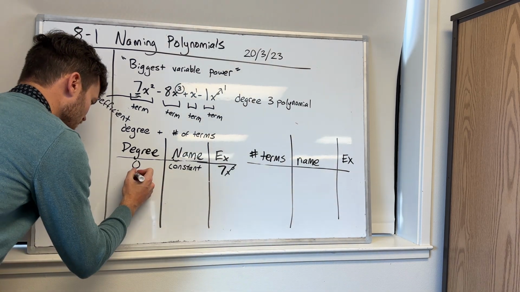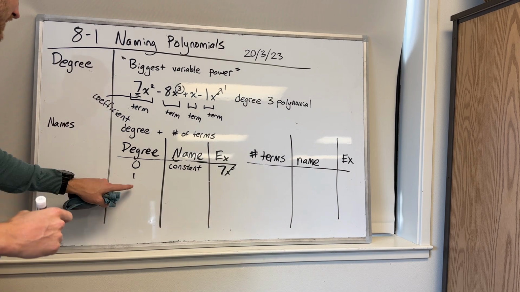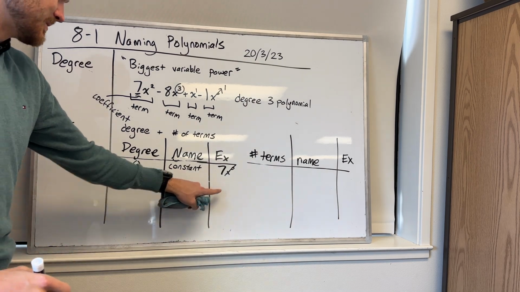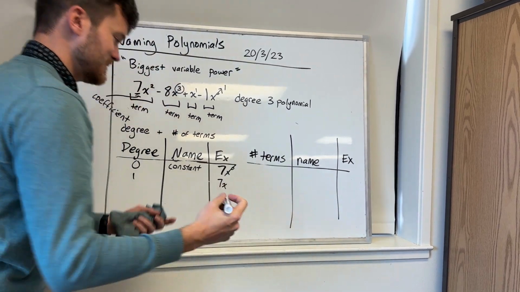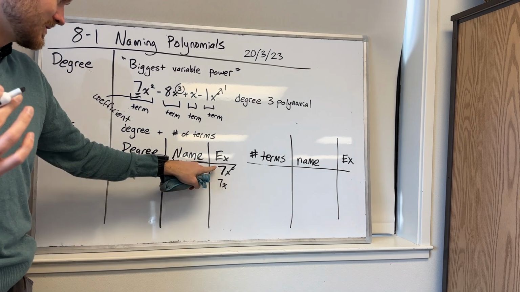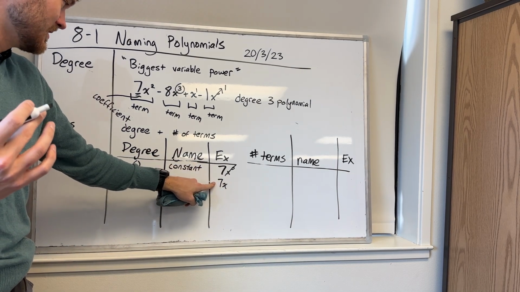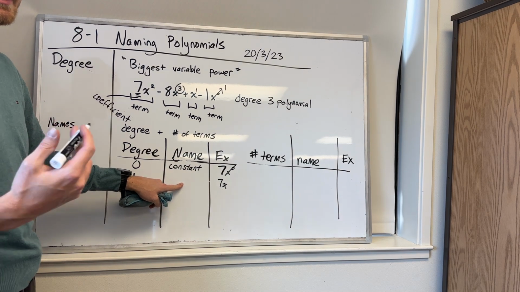What if it's a degree 1? We've been studying these quite a bit. Sorry, Mark, it's gonna be a while. If it's a degree 1, that means I'm gonna have something like this: 7x to the power of 1, which means I don't write anything. So you can see how the progression is happening here. So over here, these are called linear.